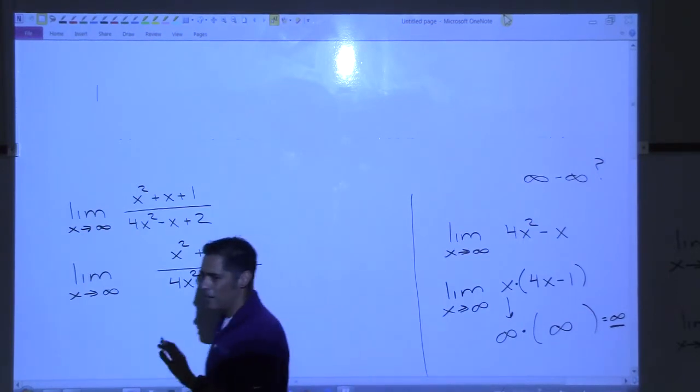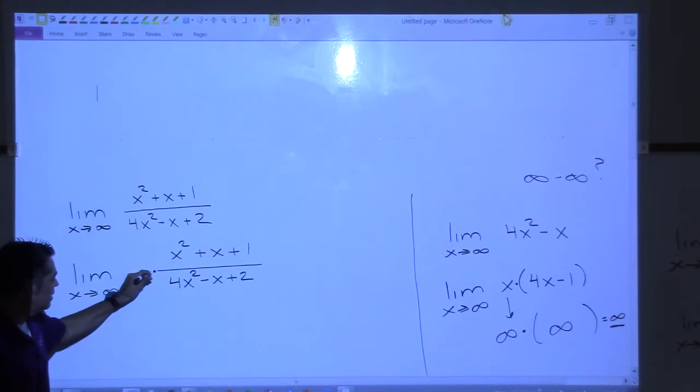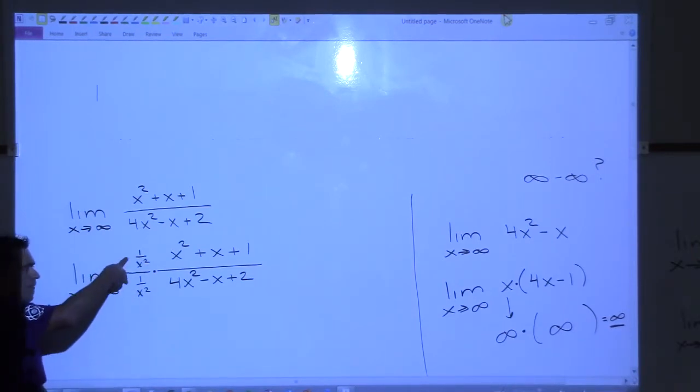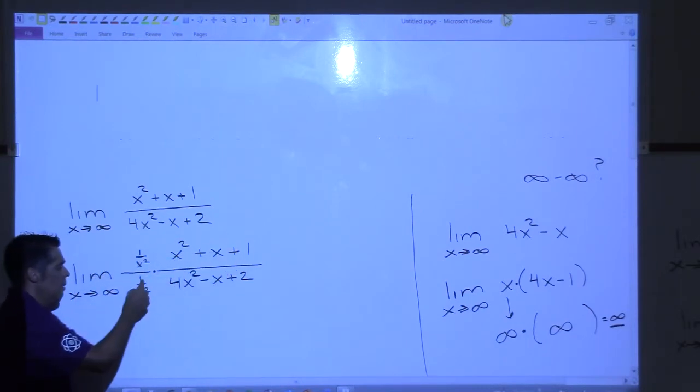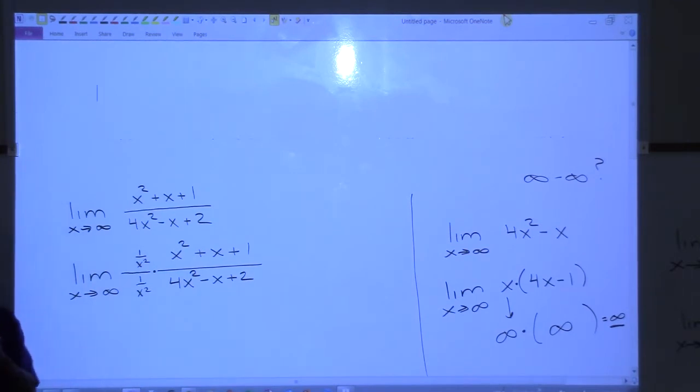But I'm actually not going to write that. What I'm going to do is what that is algebraically. Dividing by x squared on everything means multiplying by 1 over x squared here and 1 over x squared here. That's 1, right? So if I do this, I can pass this through and do that and pass it through. And it has the same effect as dividing everything by x squared. But you'll see in the next example why this is important, all right?